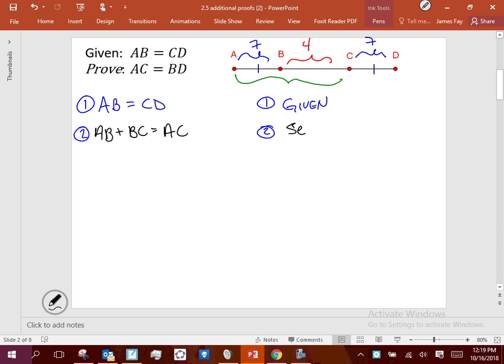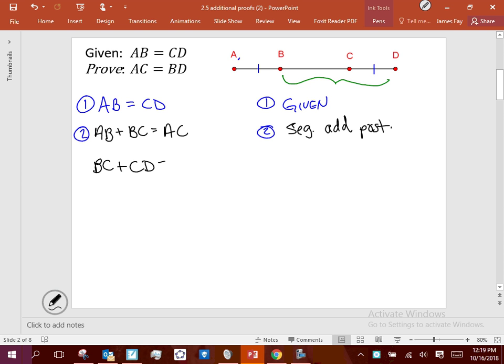So it's the segment addition postulate. Now, can we say something similar about that segment? With that green one? The new green one? We say that BC plus CD is equal to BD. That's the same way. I'm going to put segment addition again. But that's the approach there, correct?